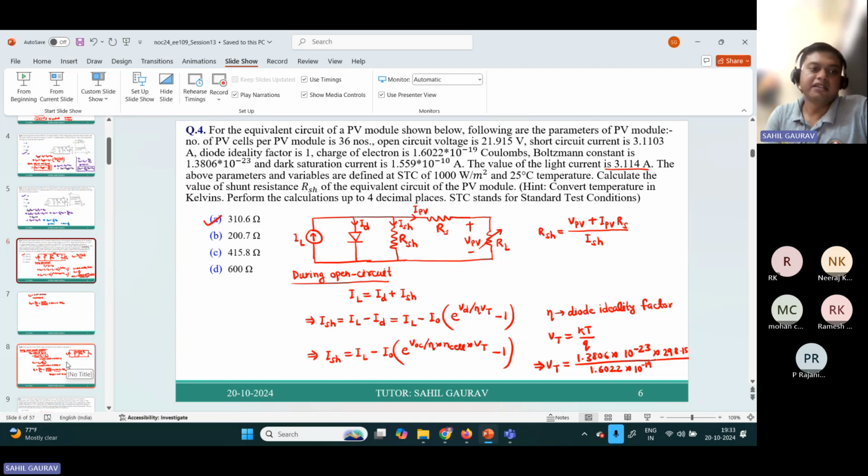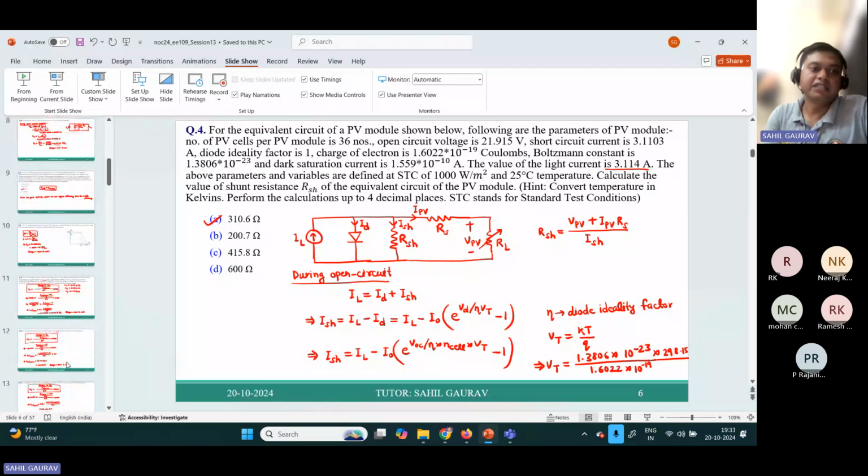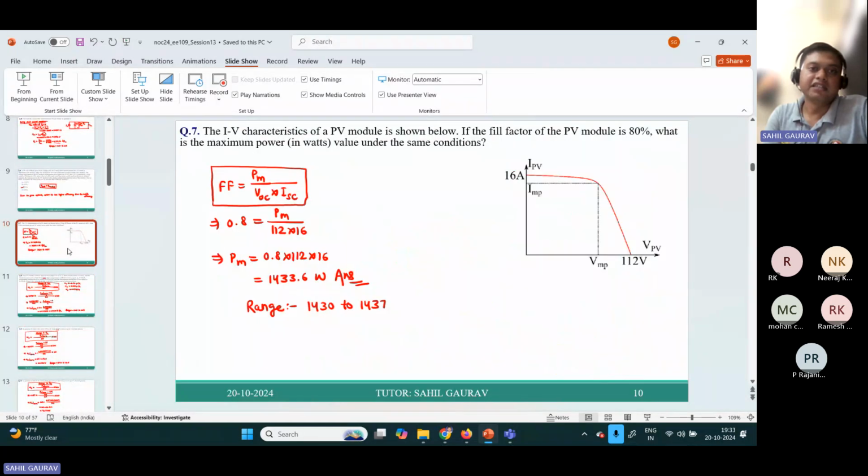But they may ask something very easy like this fill factor. If you skip this section, you will not be able to get marks in this easy problem also. So this is very bad. You should revise all the parts so that you can get marks in easy problems.